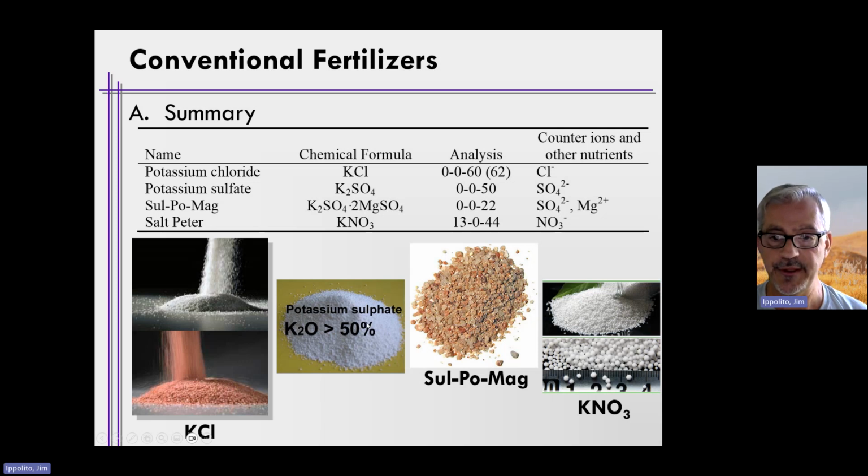Sometimes it's hard to distinguish potassium sulfate from any of these other fertilizers that are also white, so you need to look at the bag when you purchase these things. Here is Sul-Po-Mag, and it looks like rocks. That's interesting. These can be crushed, likely crushed finer. And here's potassium nitrate. Interesting. So that ends our discussion of conventional inorganic fertilizers.